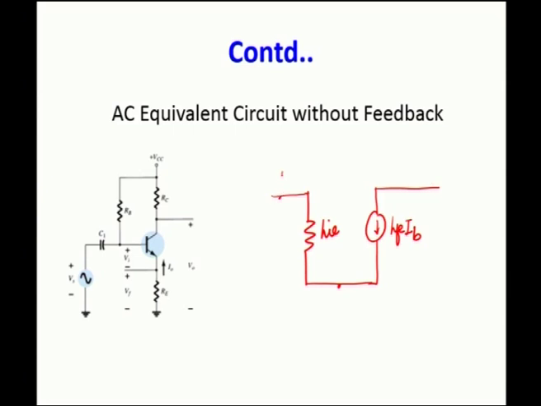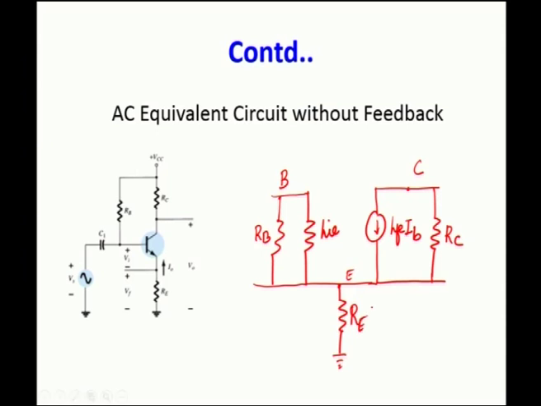This is your base terminal, this is the emitter terminal, and this is the collector terminal. To the base we have resistor RB, from the collector we have a resistor RC, and at the emitter we have a resistor RE, which is grounded, and we have shorted all the input sources.